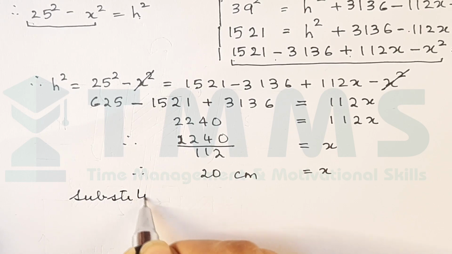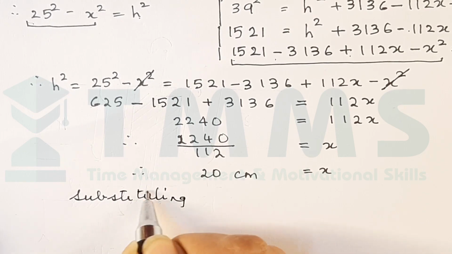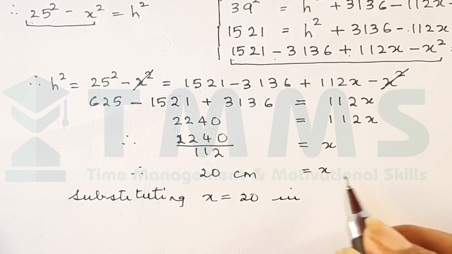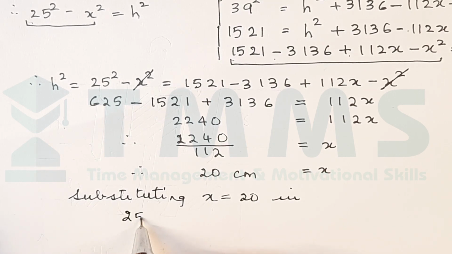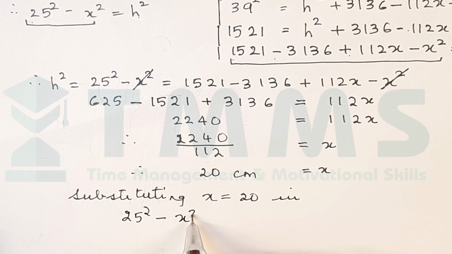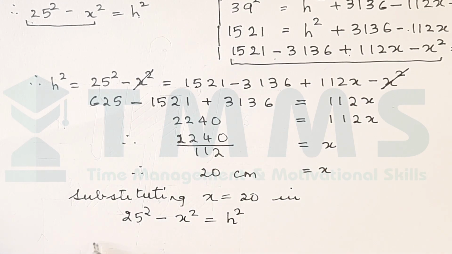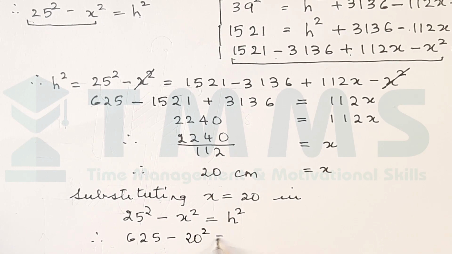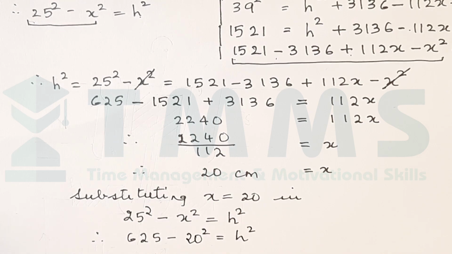So we are going to say, substituting x equal to 20 in 25 square minus x squared equal to h squared. Remember that earlier equation. Therefore 625 minus 20 square is equal to h square.